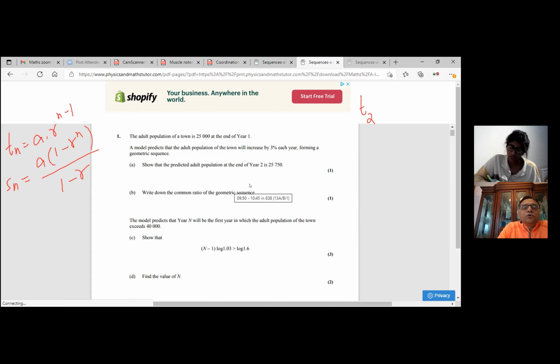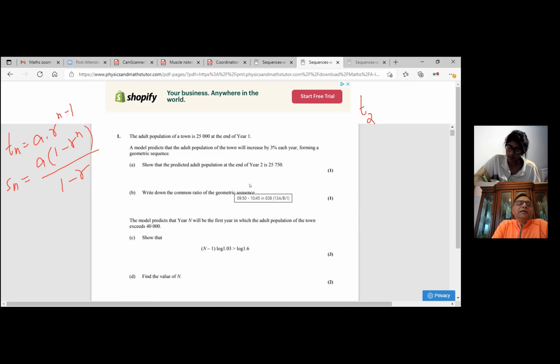When they say show that, A is 25,000. Cool. R is 3%, so 0.03. So 1 plus that: the initial value plus that much.